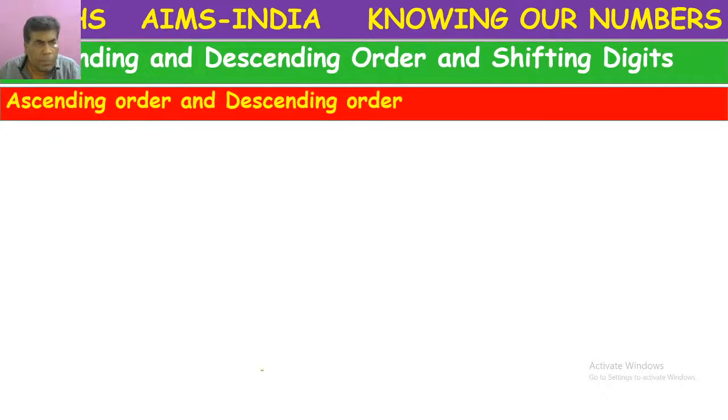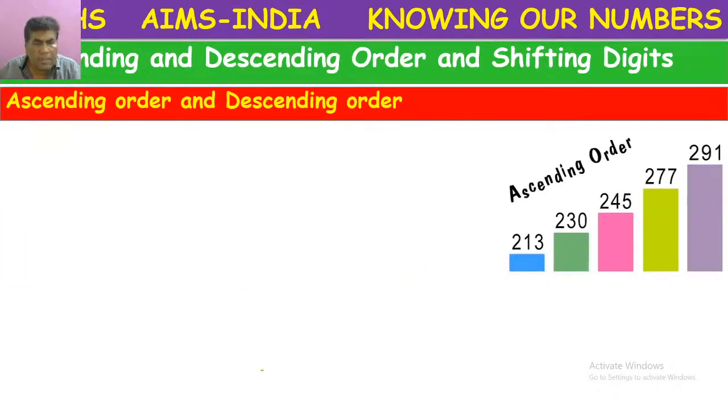First, let's see about ascending order and descending order. These are basics you might have been learning from your 3rd class onwards. Now, what is ascending order? From lowest value to highest value. Ascending means going up, like a ladder.